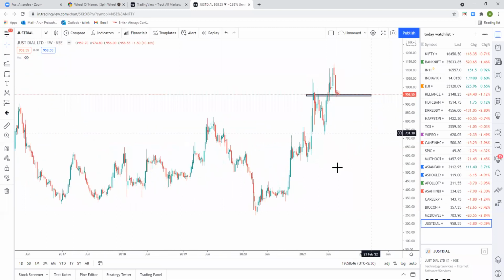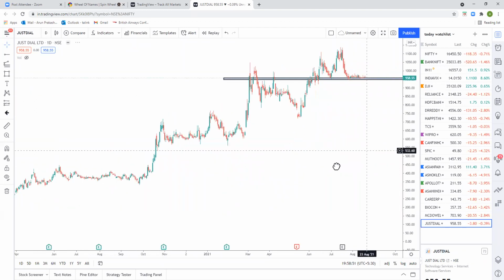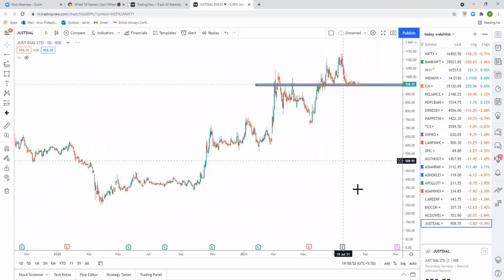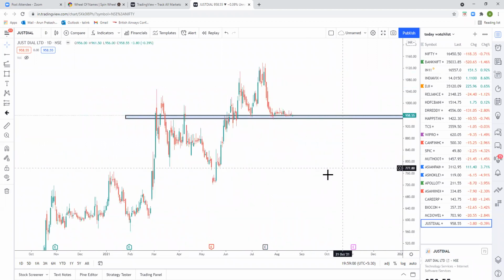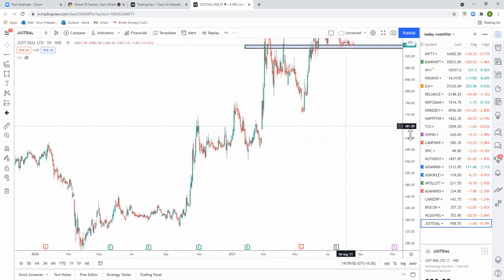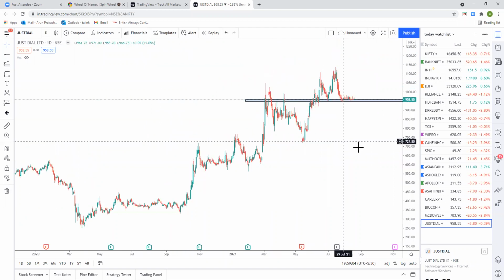I don't see any pattern here. Basically, what I am trying to do is I have drawn the trend line from the past days and I'm thinking of taking a long trade after the trend line breakout. You can see the consolidation and I have drawn that trend line.